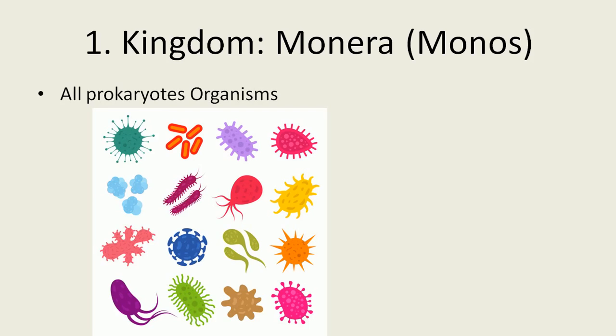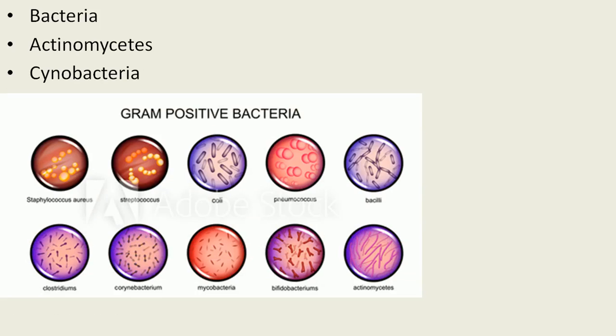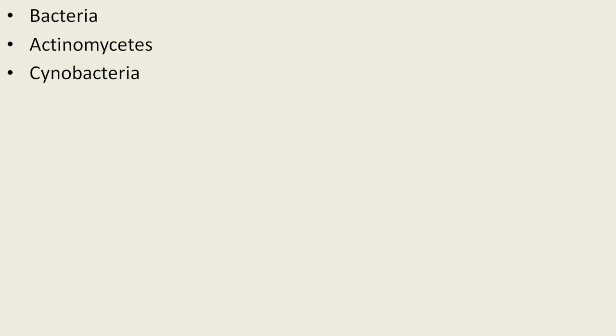It includes the bacteria, the actinomycetes, the cyanobacteria and some viruses. You know that nowadays the whole world is facing one major problem, the corona, and these viruses also belong to the kingdom Monera.